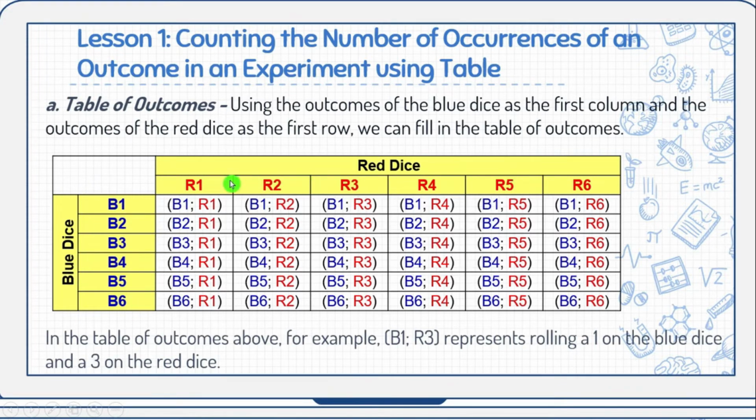Okay, so suppose yung first row po natin, pag inyan natin yung dalawang dice, yung blue at saka yung red. So, paglapag dun sa floor, pwede din ang result na yung sa blue ay 1, tapos yung red ay 1 din. Pwede din na yung si blue ay 1, si red is 2. Pwede din na si blue is 1, yung red is 3. Pwede din na si blue 1, tapos si red is 4.